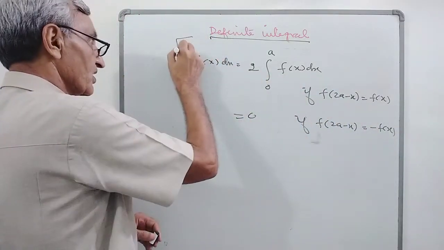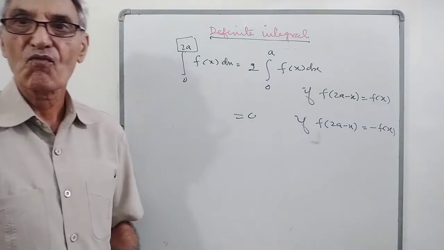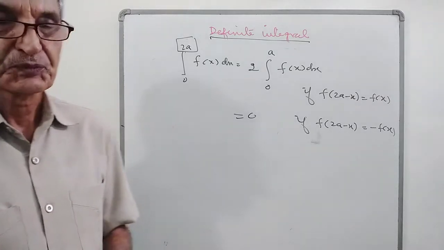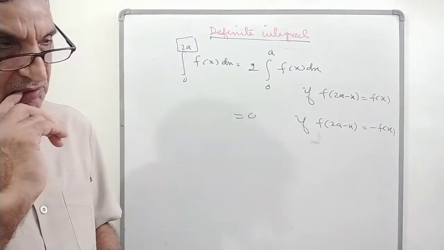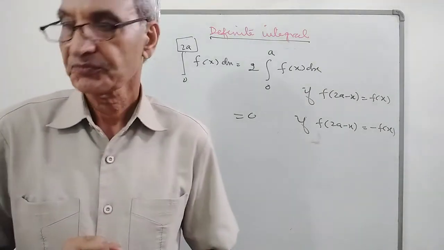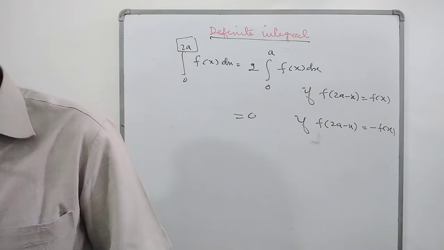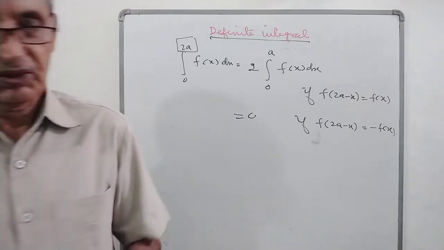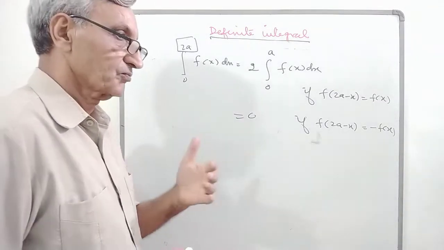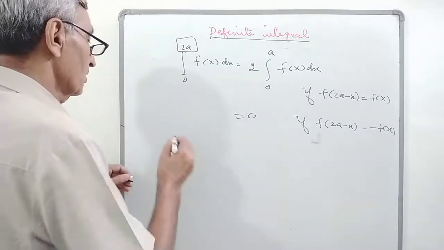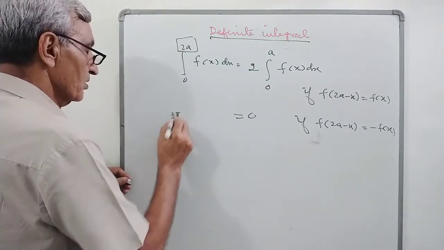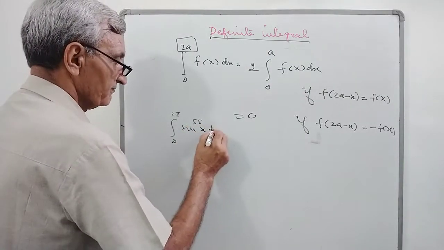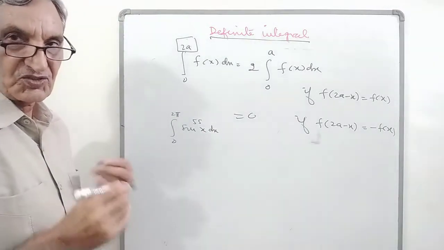Here is 2a, here is 2a. Well friends, let's talk about this question: the integral from 0 to 2 pi of sin^55 x dx. What is the answer?